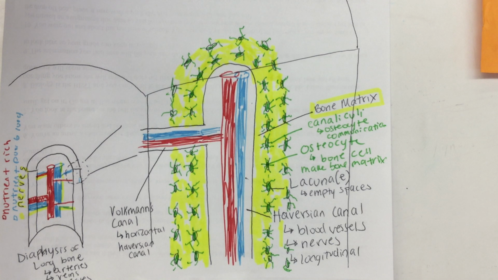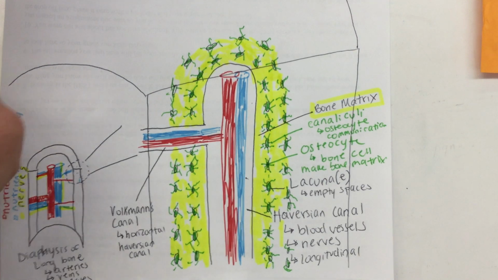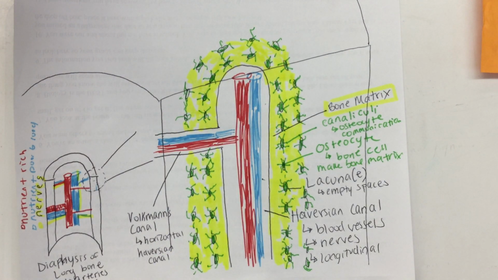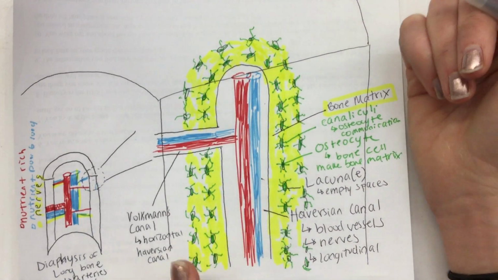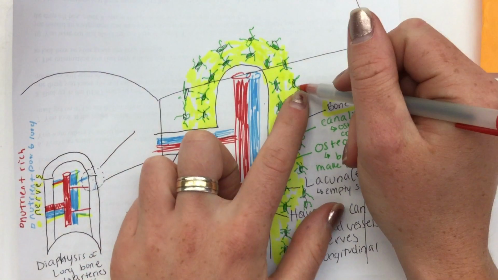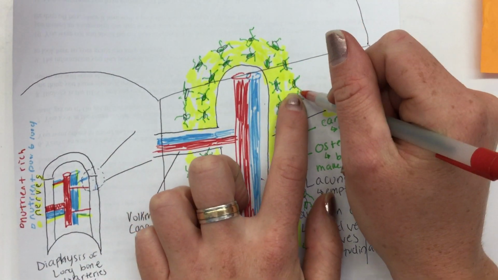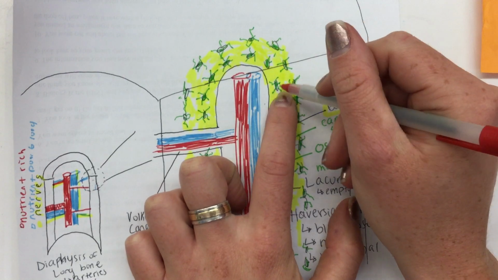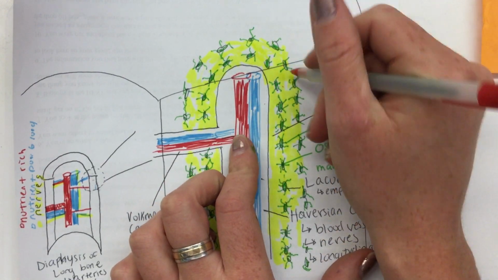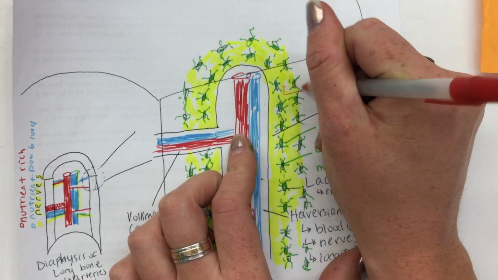So, the last thing. Stay with me. You have to label a layer of the Haversian system. We just drew 2 layers, and the layers have names. So when you have an osteocyte and its canaliculi and its lacuna and the matrix around it, that's considered, I'm going to use a little bracket, 1 layer right there.